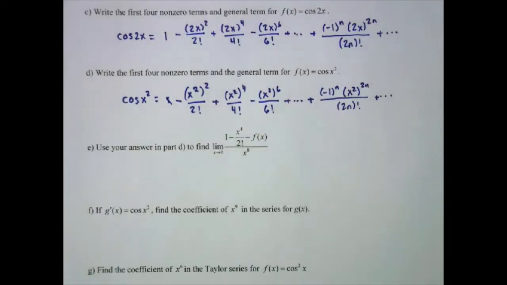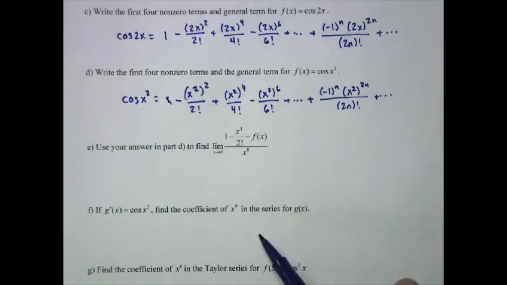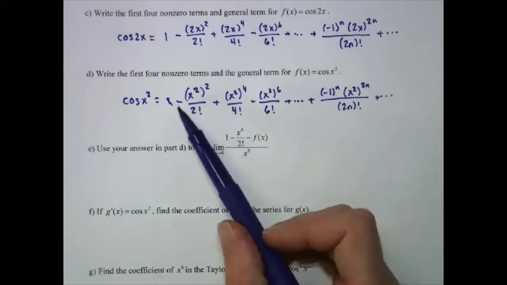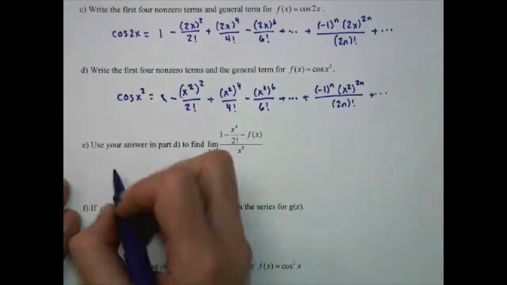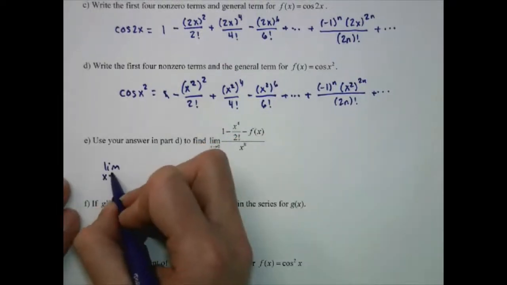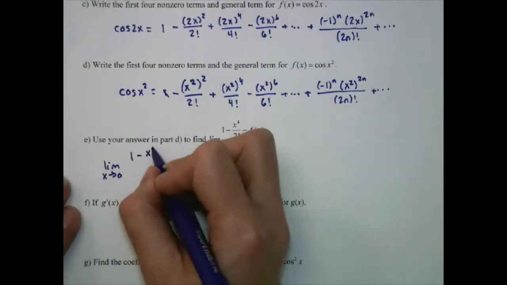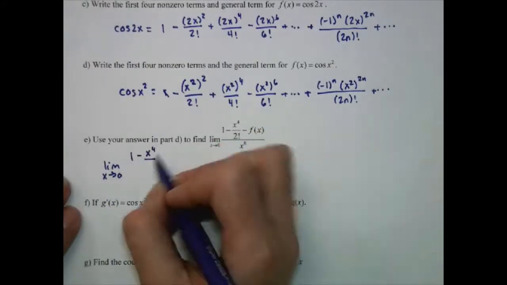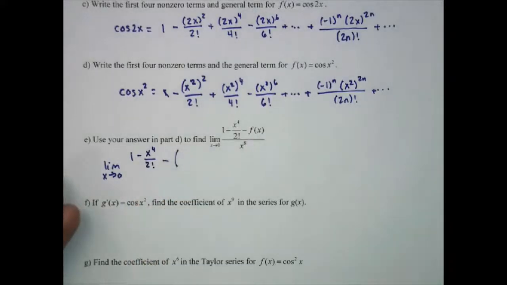Okay, it says use your answer in part D to find this limit, where f of x is going to be this series here. So what is it we have? We're looking at the limit as x goes to 0 of 1 minus x to the fourth over 2 factorial minus f of x.